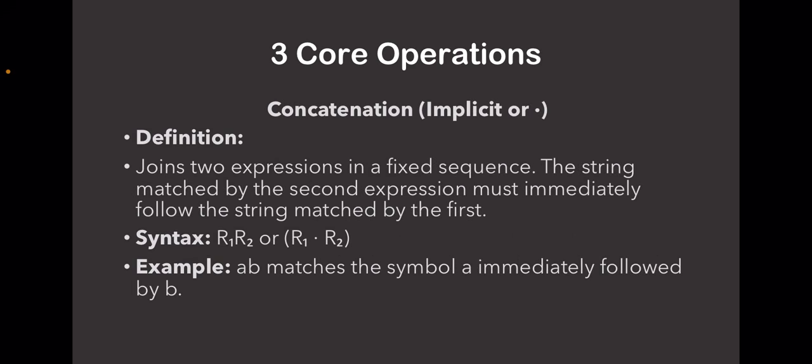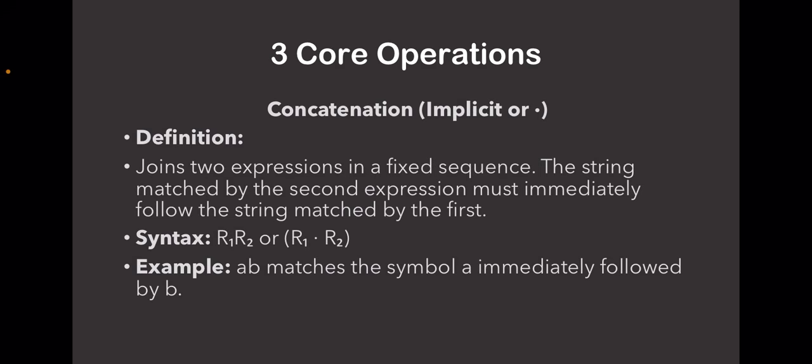Concatenation. The symbol is either implicit or is the dot operator. So it joins 2 expressions in a fixed sequence. The string matched by the second expression must immediately follow the string matched by the first.